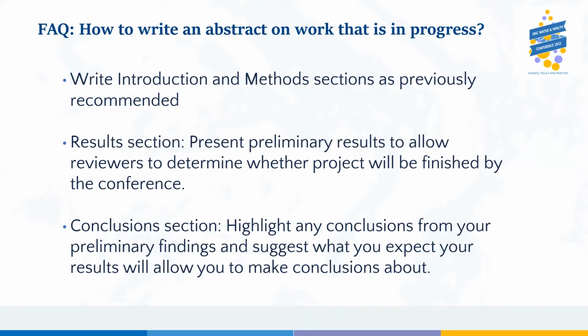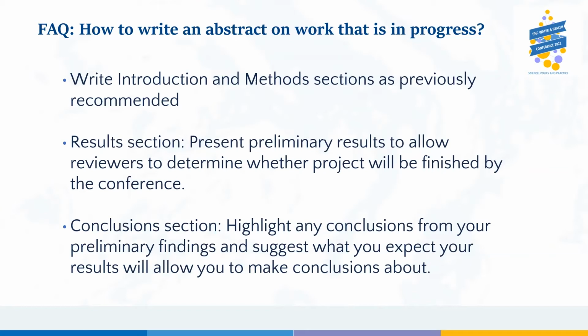And so a general recommendation for how to do this is that you can structure your intro and your method sections similar to how we just recommended. And then in your results section, if you have some preliminary results, you can present those, and this will allow reviewers to understand what types of results are expected.